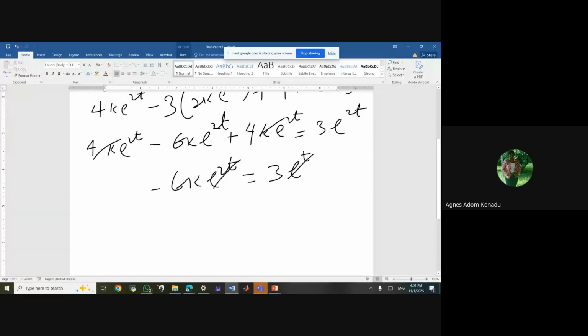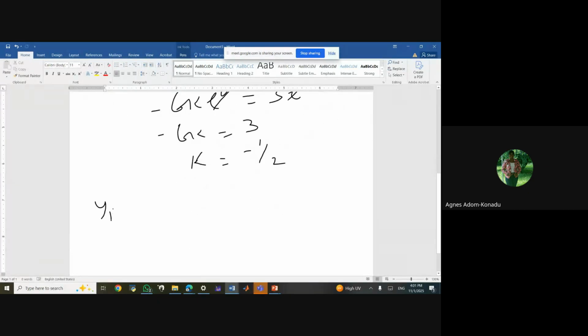So I have negative 6k equal to 3, then my k will be minus one half. So my solution yp is equal to minus 1 over 2 e to the power 2t.